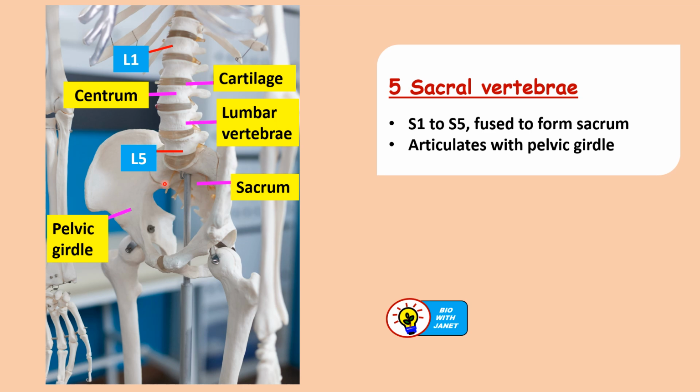This is the part where it articulates with the pelvic girdle. So the sacrum is not a flat piece of bone, it is a bit curved like this. And on the top here, the sacrum forms a joint with the lumbar vertebra, but there is a cartilage disc between the lumbar vertebra and the sacrum.